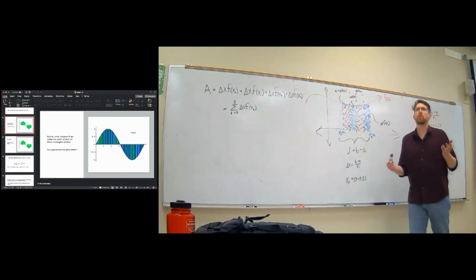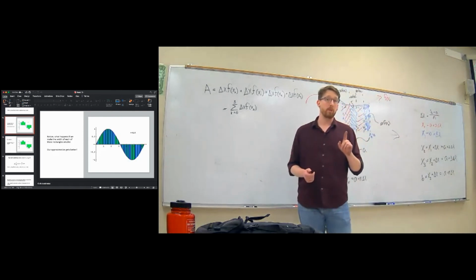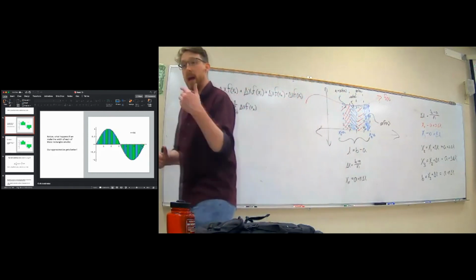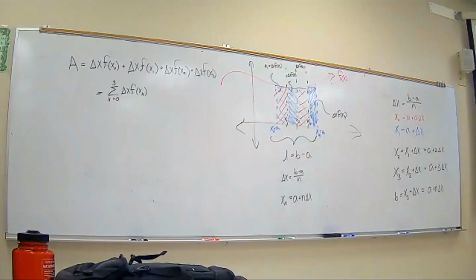Well, we're going to send something to infinity. We can't actually calculate stuff at infinity, but we could use the limit and see what happens as we get closer to infinity. And that is exactly what we're about to do.